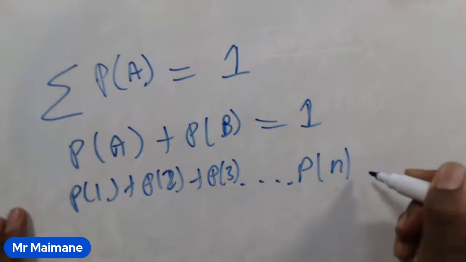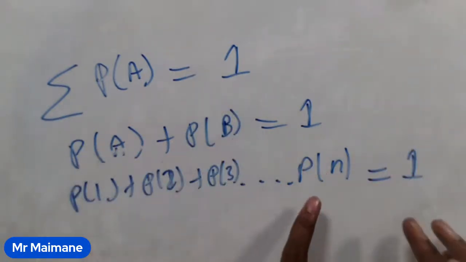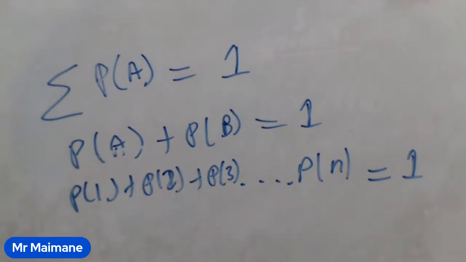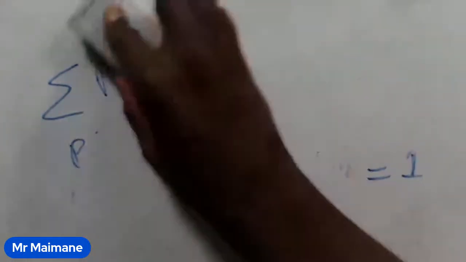So whenever you add all the probabilities, you must always get 1, which is 100%. What does that mean?